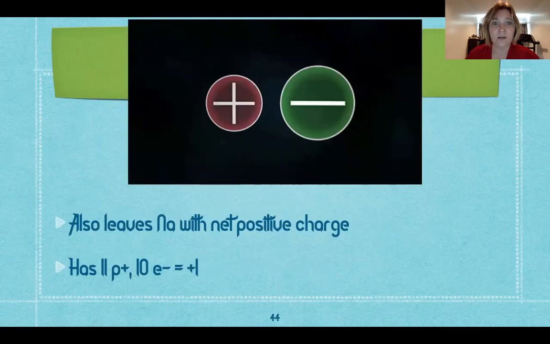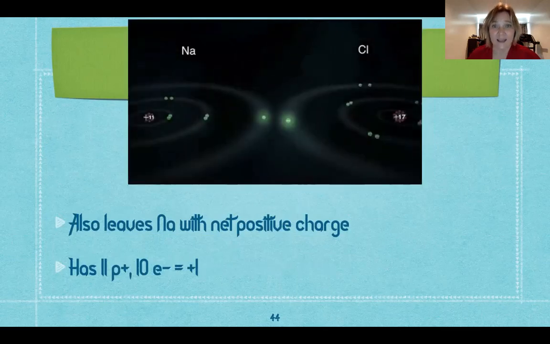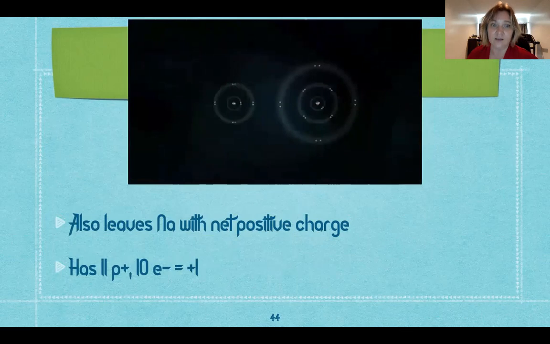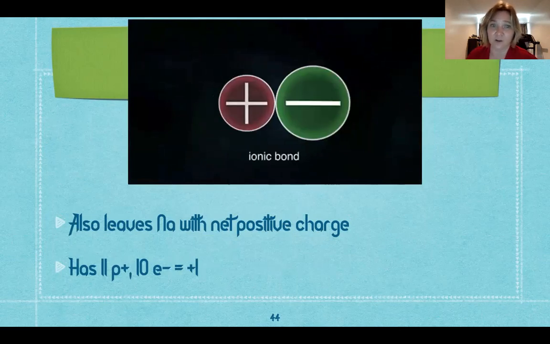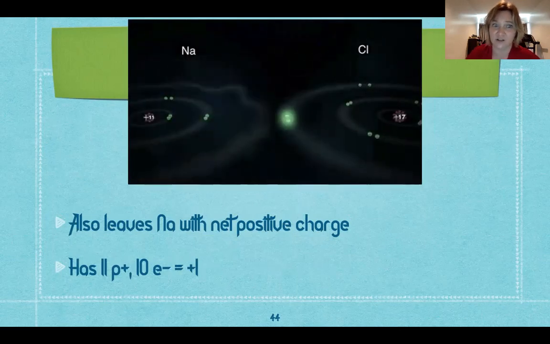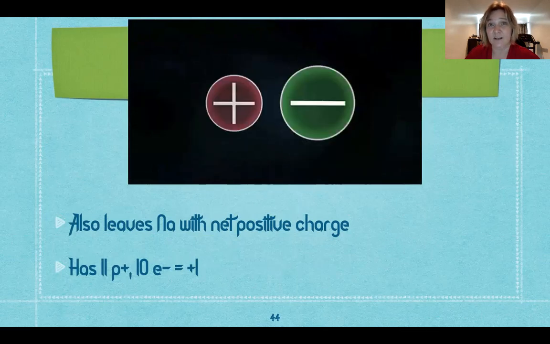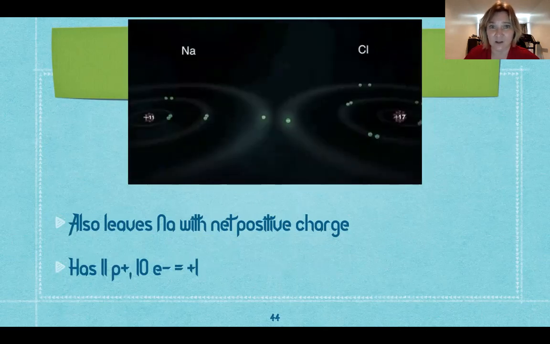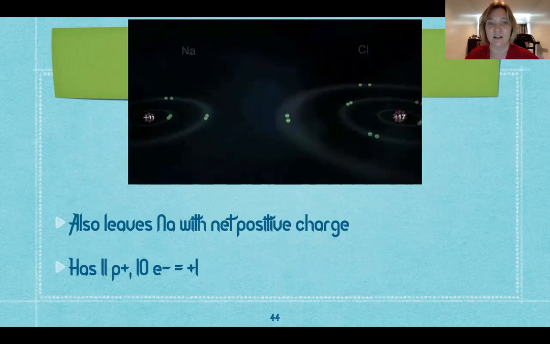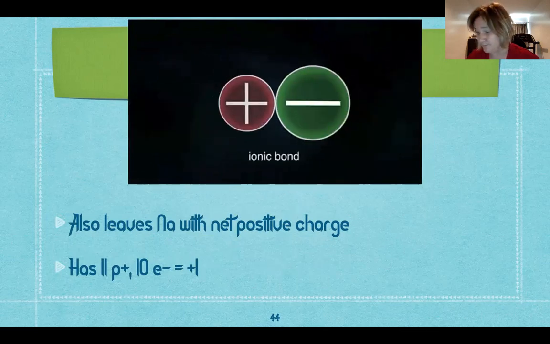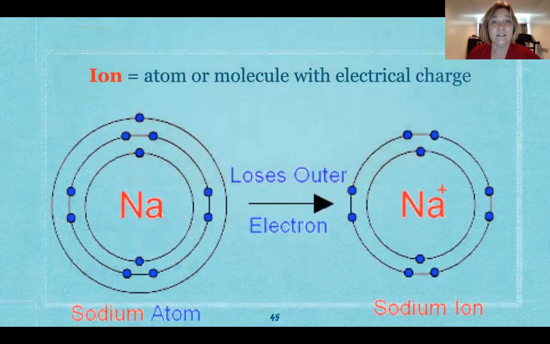So when sodium gives an electron away to chlorine, it leaves sodium with a net positive charge because the number of protons doesn't change, it's still 11. But once it gives an electron away, it now only has 10 electrons. So 11 protons and 10 electrons gives you a charge of +1. This is now called an ion.